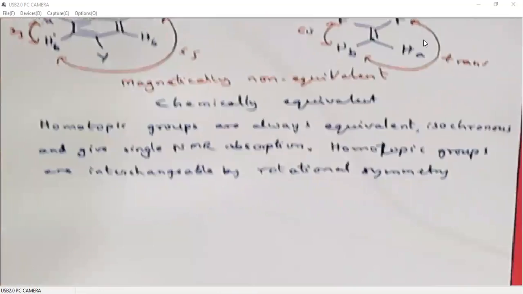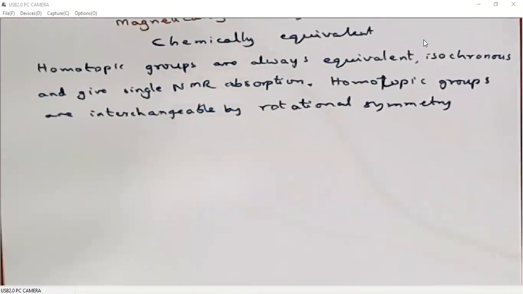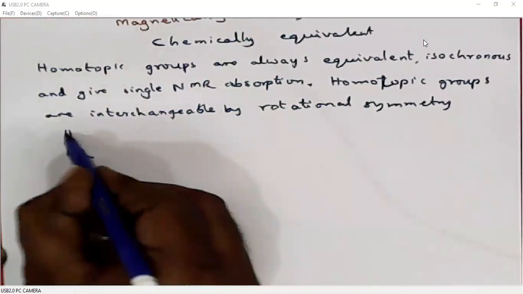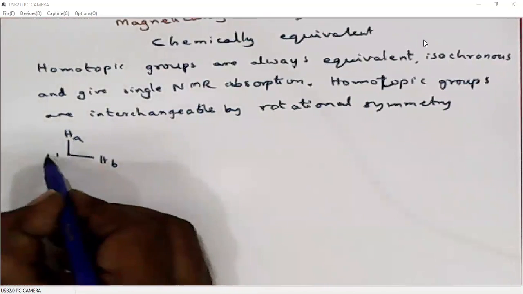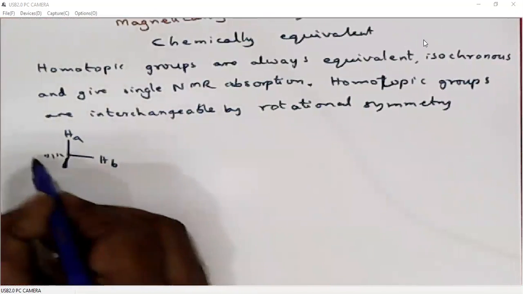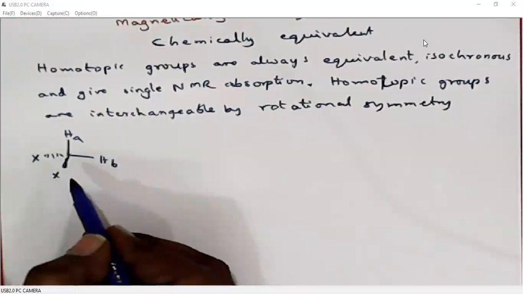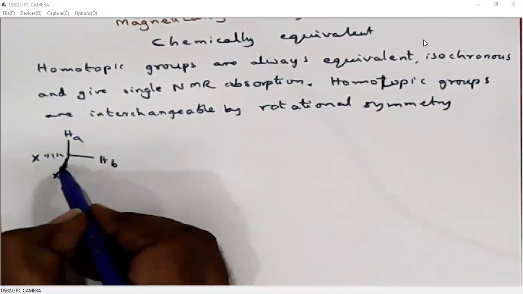Now I will give some examples for homotopic groups. Look at these two protons, HA and HB. When we have the same substituents, both X and X, then it is not a chiral center because these two substituents are the same.